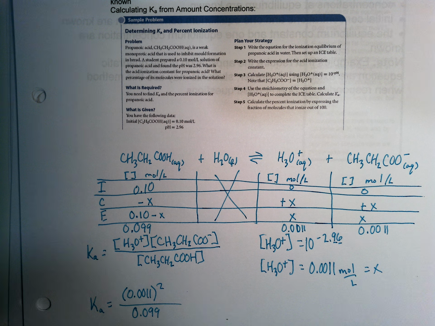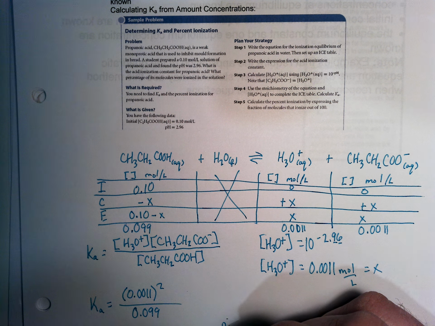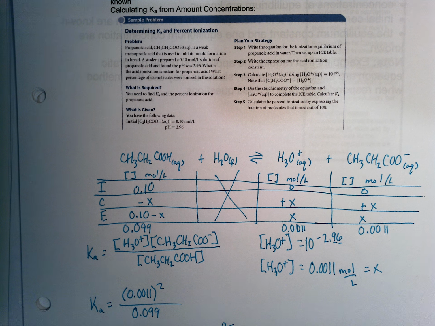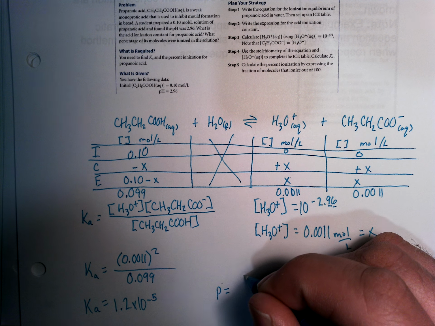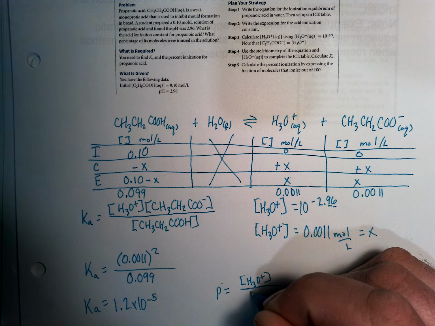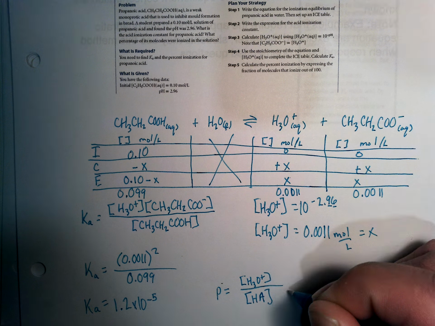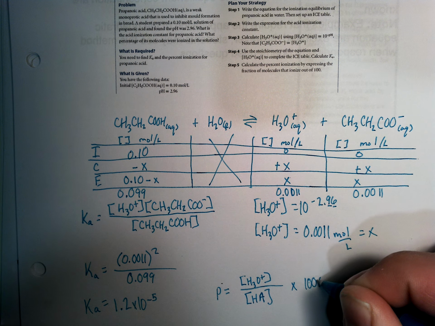And then it also wants our percent ionization. So percent ionization is equal to our hydronium concentration divided by our initial concentration of our acid, HA, times 100%.